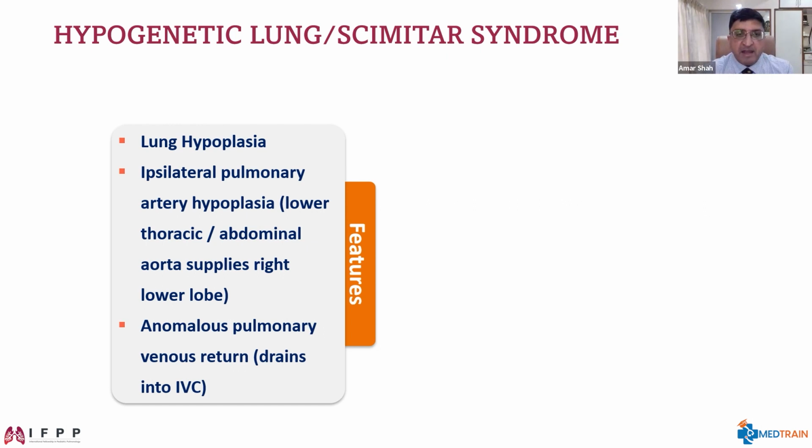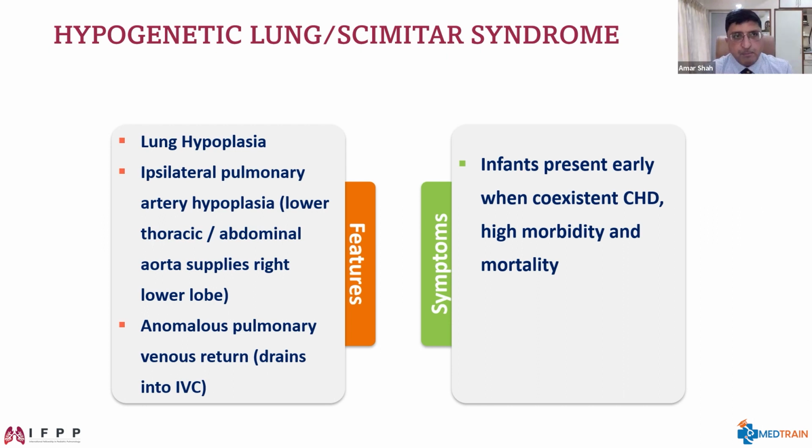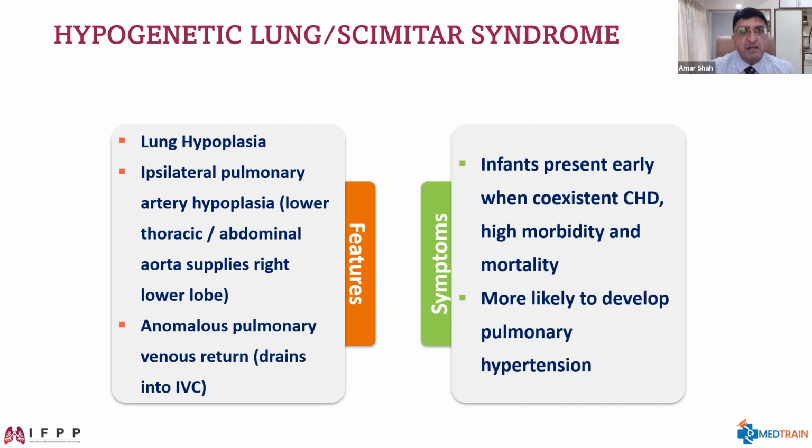It may also have an anomalous pulmonary venous return where the pulmonary veins drain into the inferior vena cava. The infants of hypogenetic lung present early when it coexists with any other congenital heart disease, and it is associated with high morbidity and mortality. And these kids are more likely to develop pulmonary hypertension.